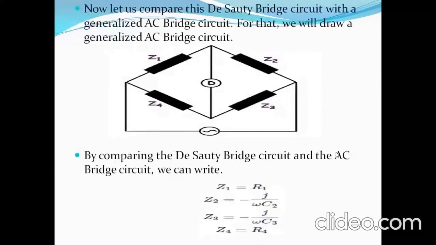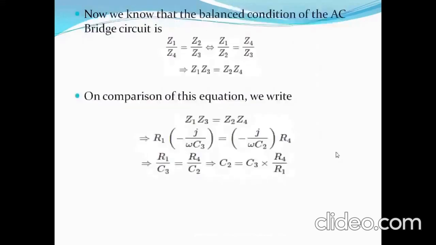Now, let us compare this De-Sauty bridge circuit with a generalized AC bridge circuit. For that, we will draw a generalized AC bridge circuit. Z1, Z2, Z4 and Z3 are the impedances. By comparing the De-Sauty bridge circuit and the AC bridge circuit, we can write Z4 equals R4.